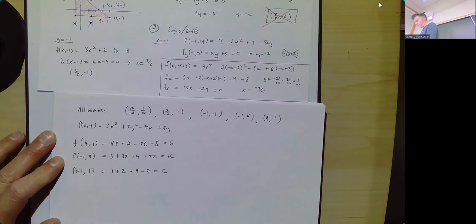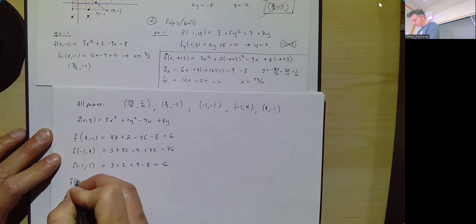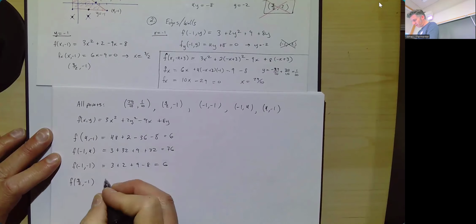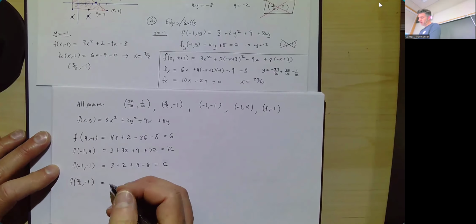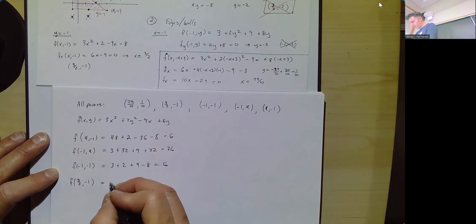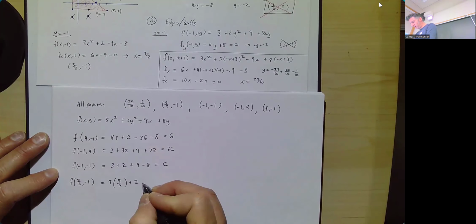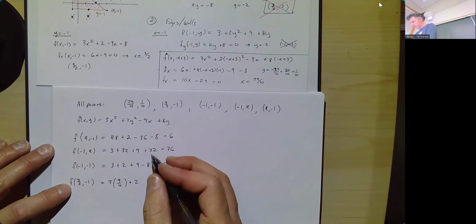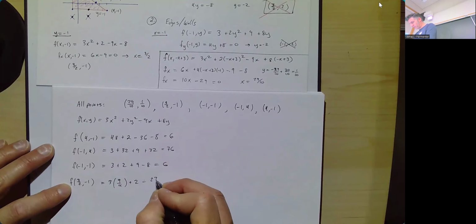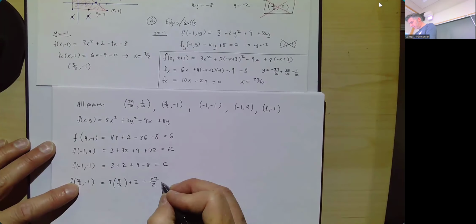And now for the gross ones, plugging in 3 halves comma negative 1, I'm going to get 3 times 9 fourths plus 2 times negative 1 squared, which is 2, minus 9 times 3 halves, which is minus 27 over 2, plus 8 times negative 1, which is minus 8.